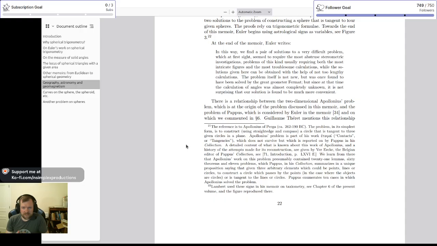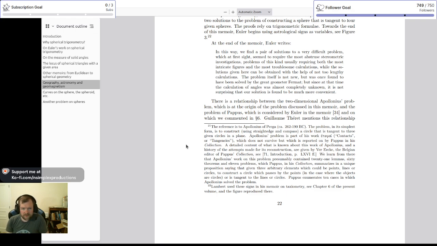Detailed content of what is known about this work of Apollonius and a history of the attempts made for its reconstruction are given by Weil, the Belgian editor of Pappus's collection. See the introduction.